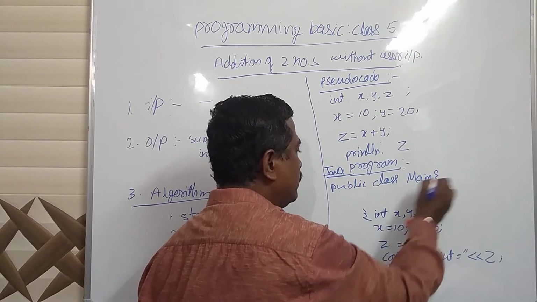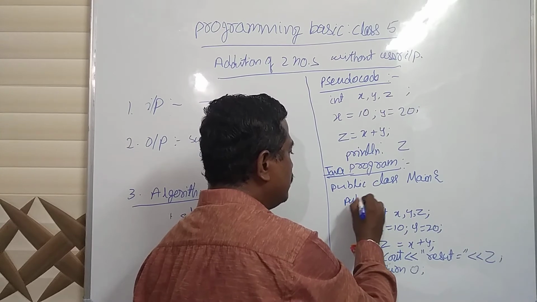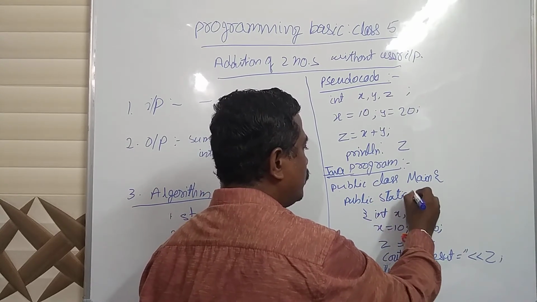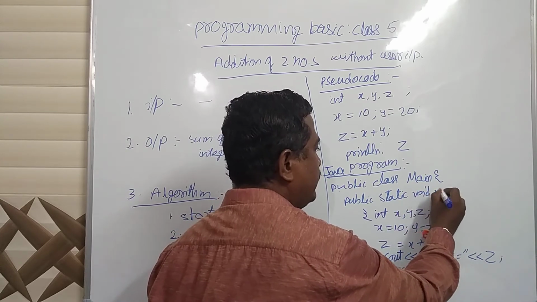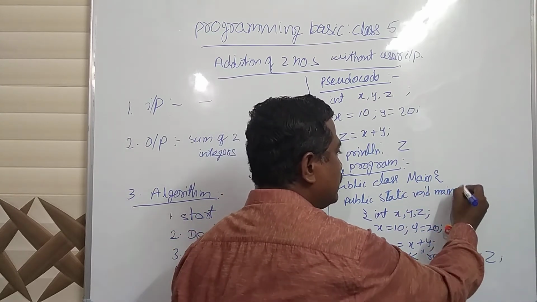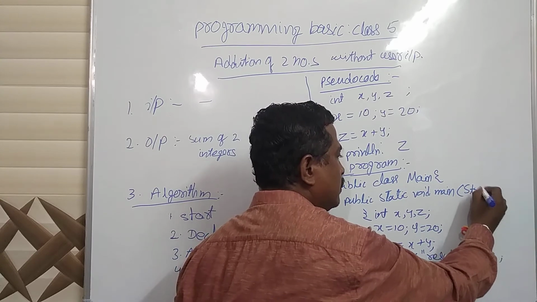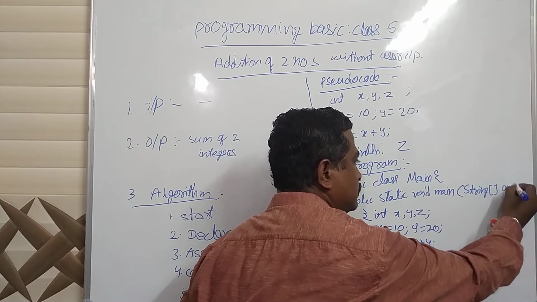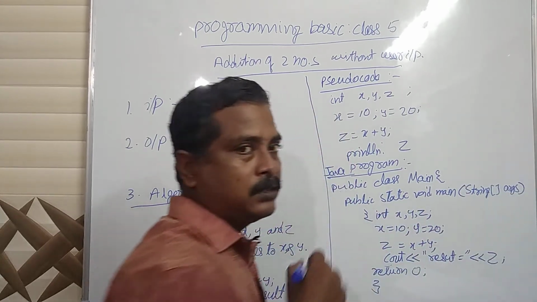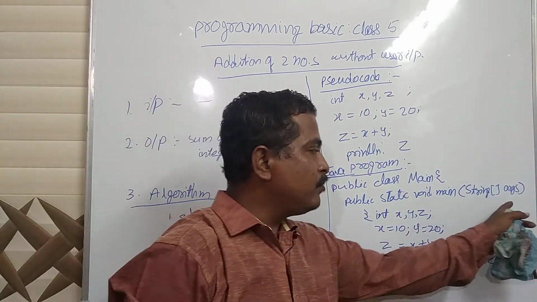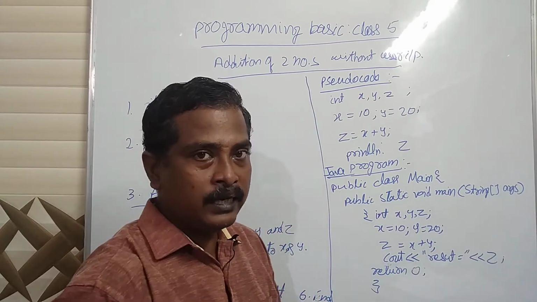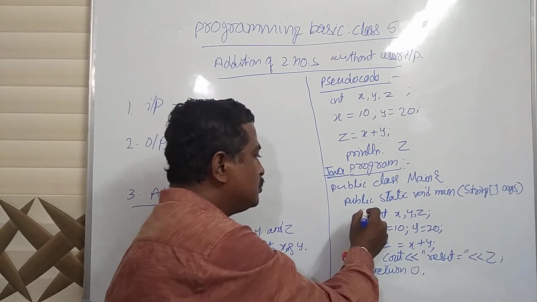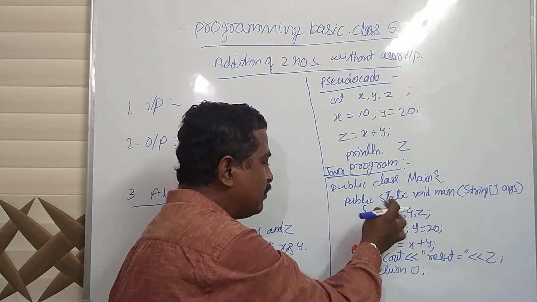I have taken Main. Then public static void main, inside parenthesis capital S String, square bracket, args, arguments. This is written for command line argument. When you read about command line arguments, you will know why it is written. So this is the format of a Java program.